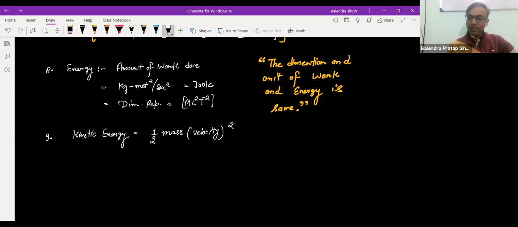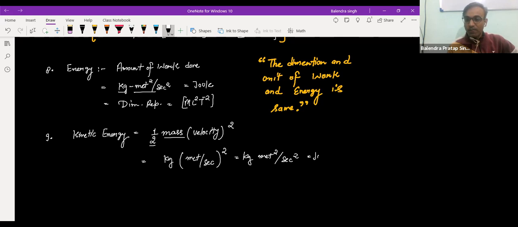But we can also calculate the unit of kinetic energy by this formula, which is half m v square. Let's leave this half. The unit of mass is kilogram and velocity is meter per second, and the total is squared. So again it's kilogram meter square per second square, which is same as dimension of work and energy, which is joule.